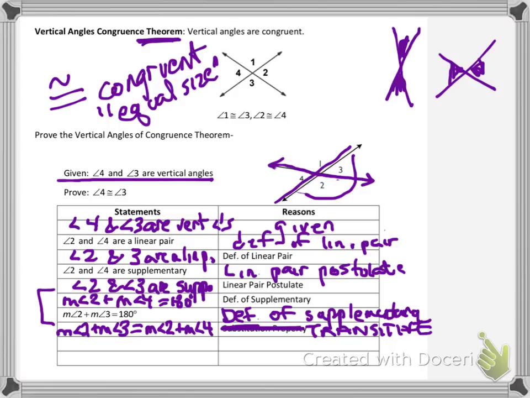All right. Well then, if we have angle 2 plus 3 equal to angle 2 plus 4, we can subtract angle 2 from both sides. And that leaves us with measure of angle 3 equal to the measure of angle 4 by subtraction.